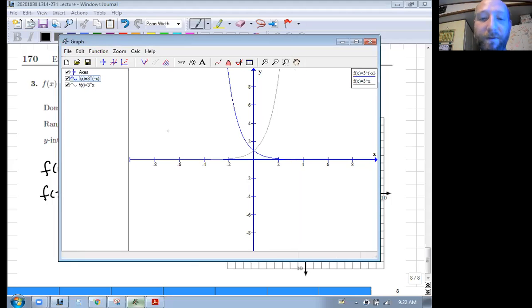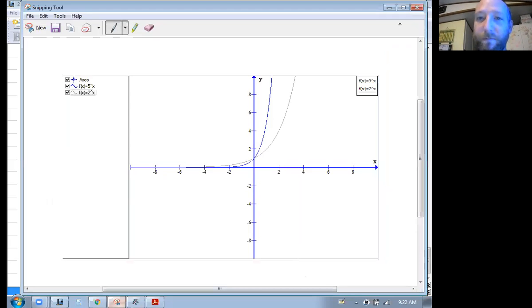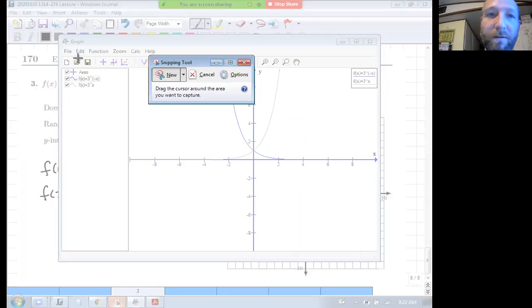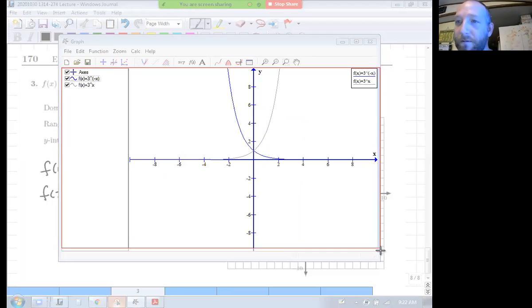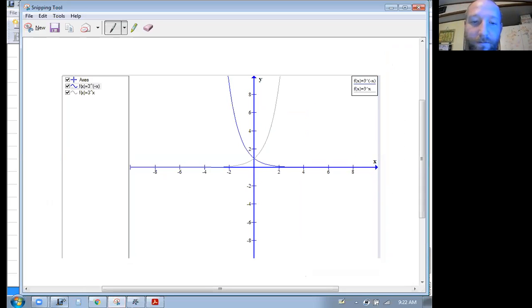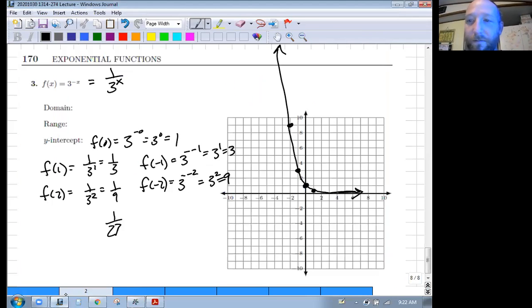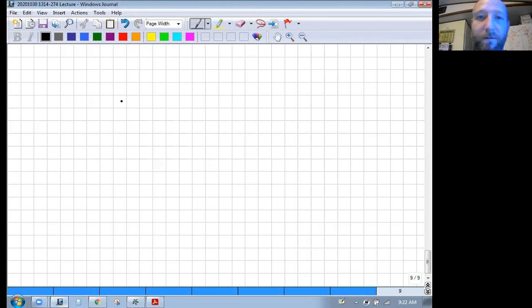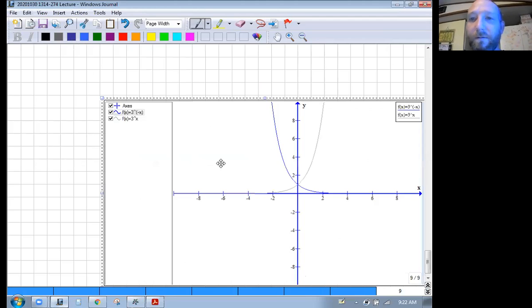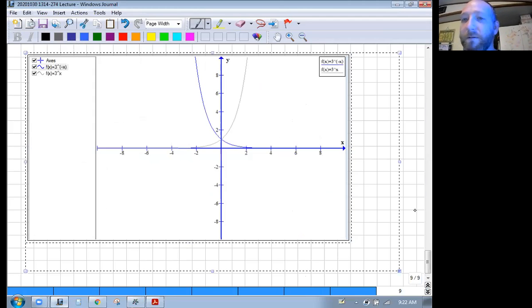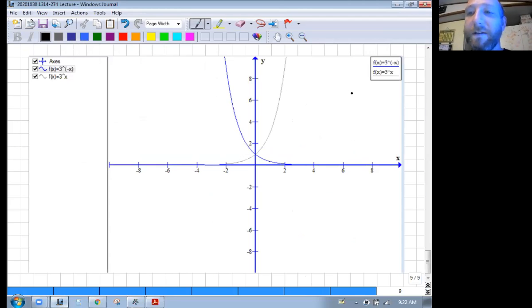All right, so in the blue is 3 to the negative x.